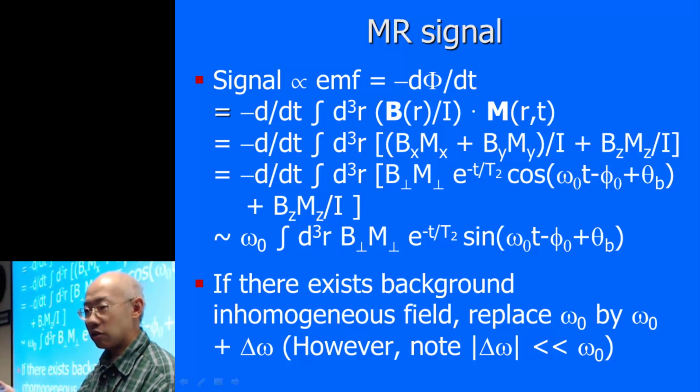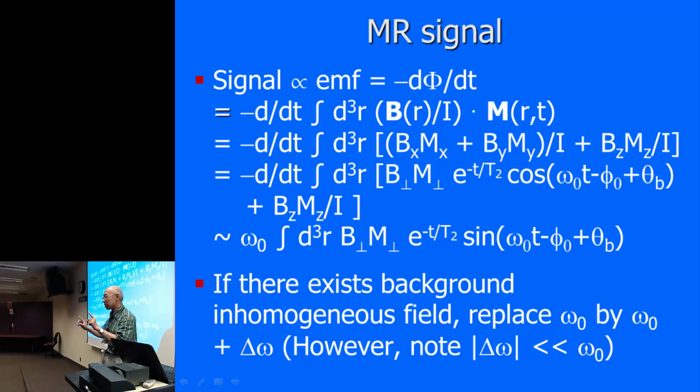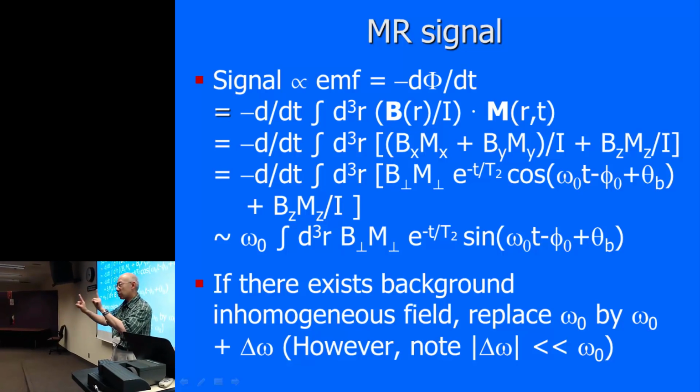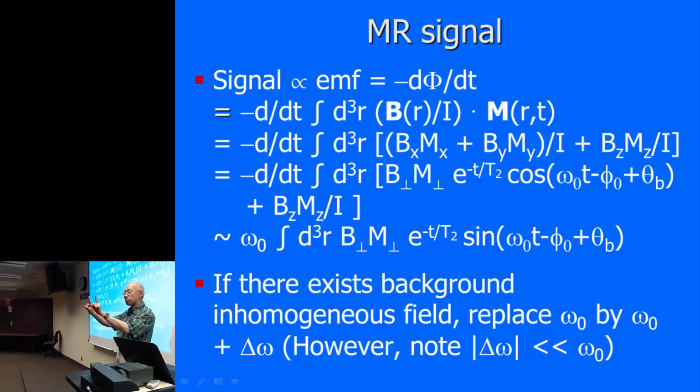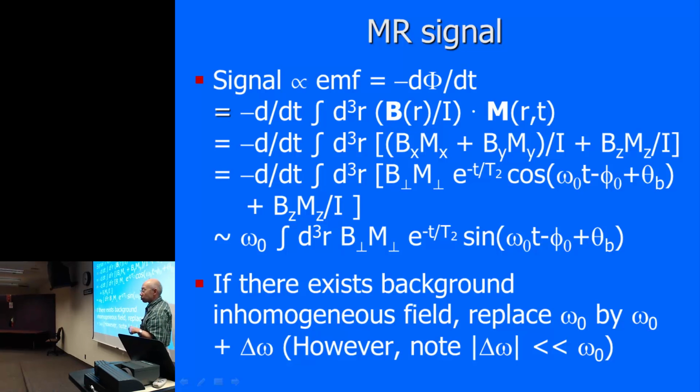I mentioned this last time: if you have two spins at two different spatial locations, even though they are very close within a voxel, within this body, and you apply a gradient field such that the fields are different at these two locations, then your Larmor frequency, this precessing frequency, will be different, meaning that these two spins are going to precess at different rates. So this can become a function of space.